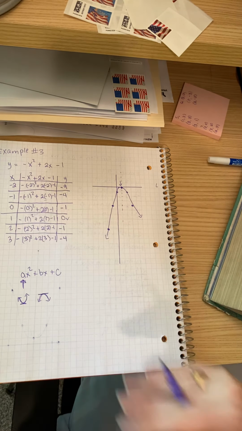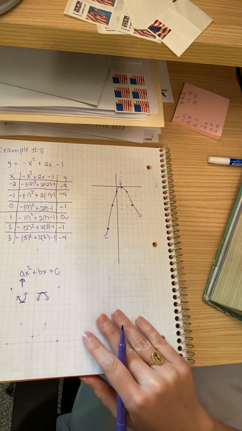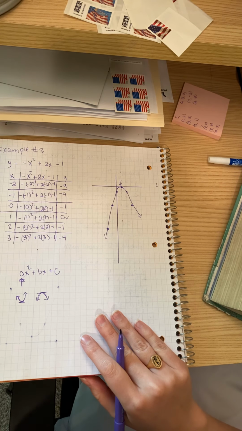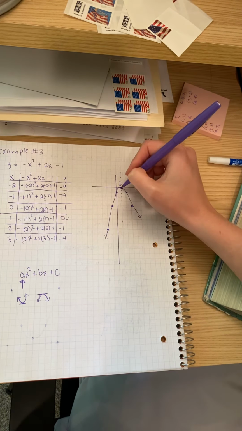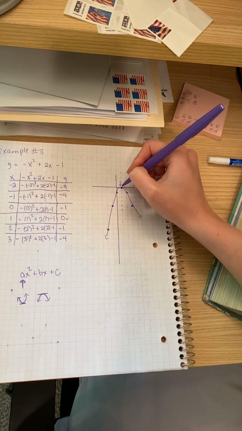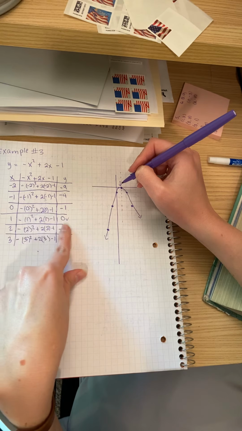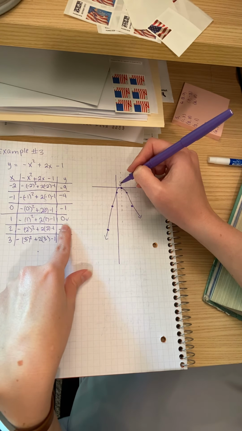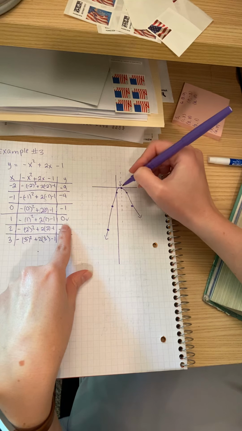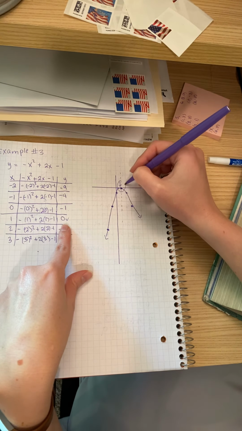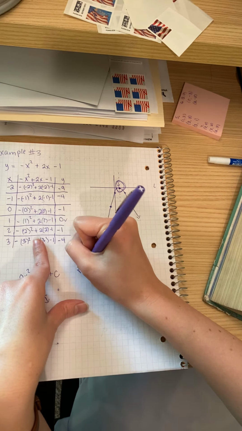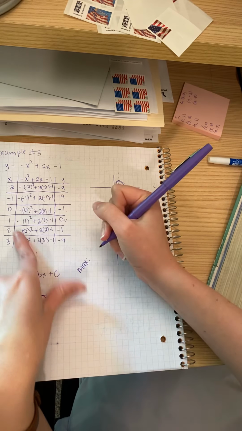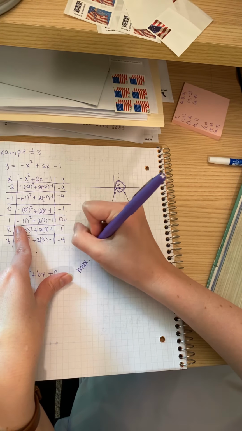So if we were to say what is the minimum and maximum value of our graphs in examples 2 and 3, they just said it is the y-coordinate of the highest or lowest point. So in example 3, we said this was our highest point, and it was at (1, 0).